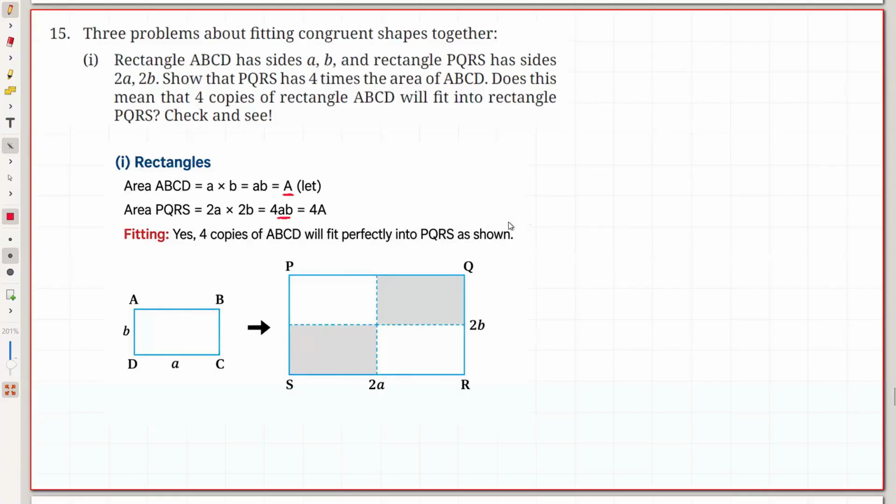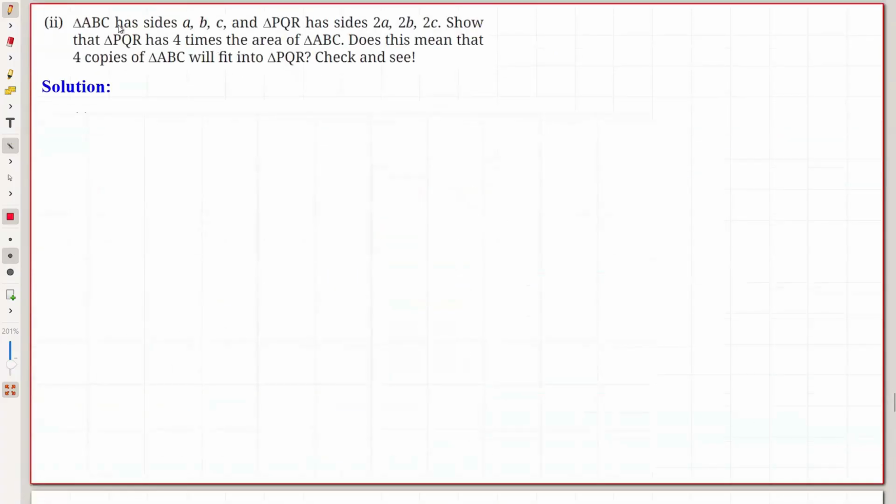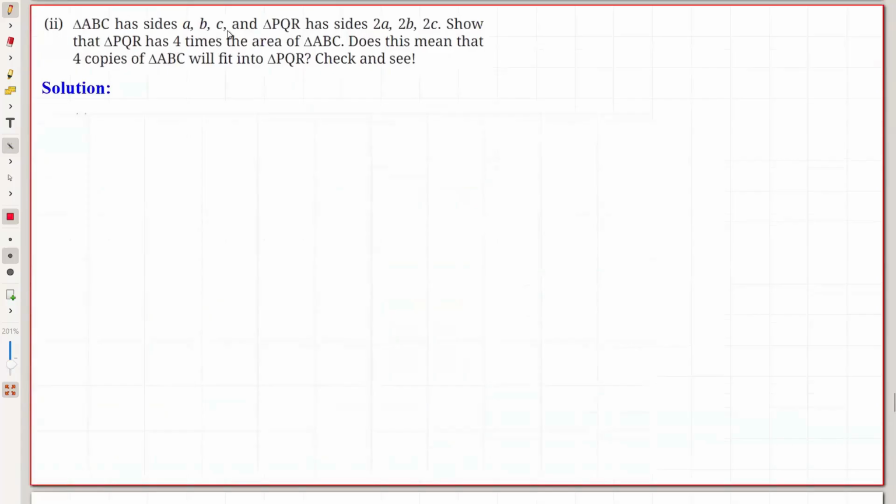Now the second one. If triangle ABC has sides A, B, C and triangle PQR has sides 2A, 2B, 2C, show that triangle PQR has 4 times the area of triangle ABC. If the sides are doubled, we have to prove the area is 4 times the area of triangle ABC.